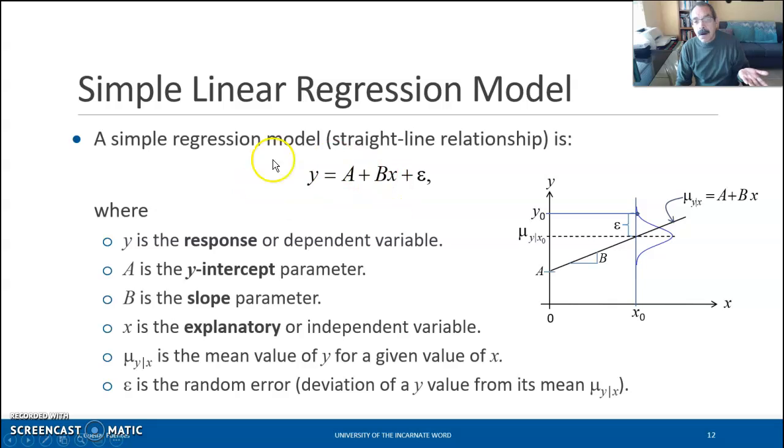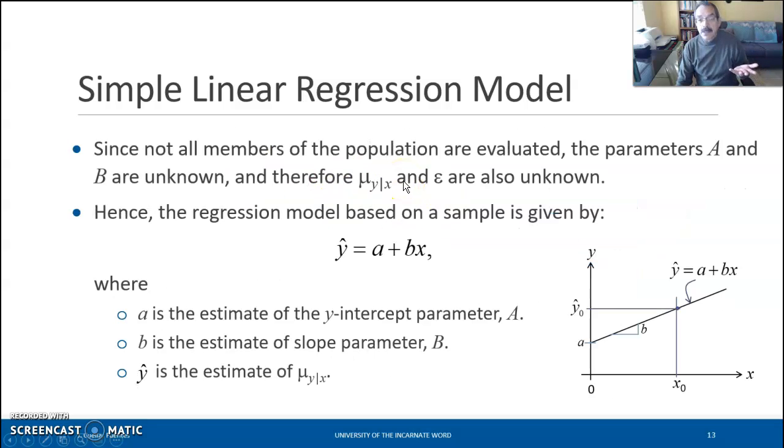So this is the model based on the population values. Because we don't observe every value in the population, these parameters A and B are unknown, as well as this mean of y given x, as well as the random errors. We don't know what those quantities are because we don't evaluate every member of the population.